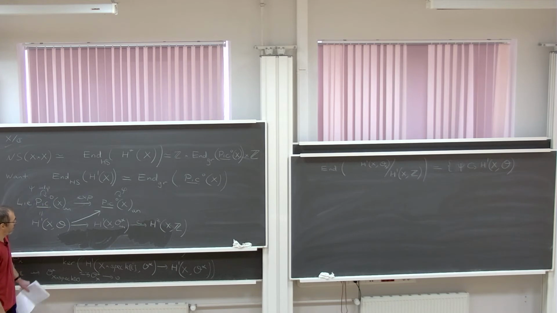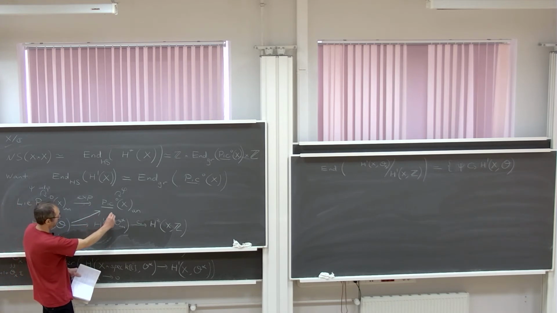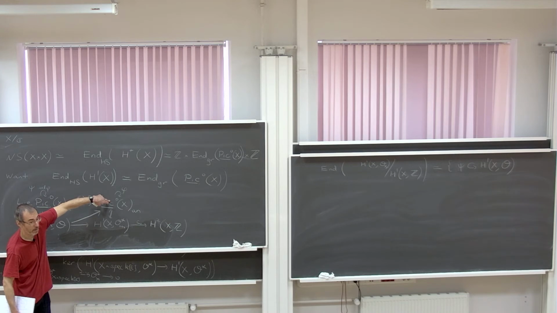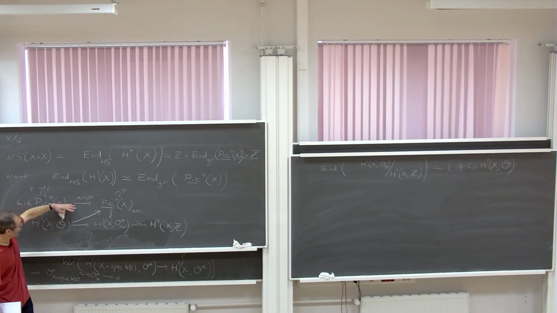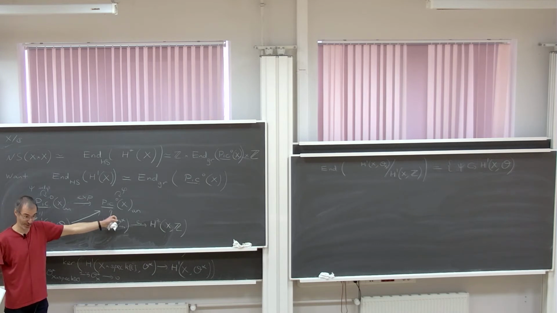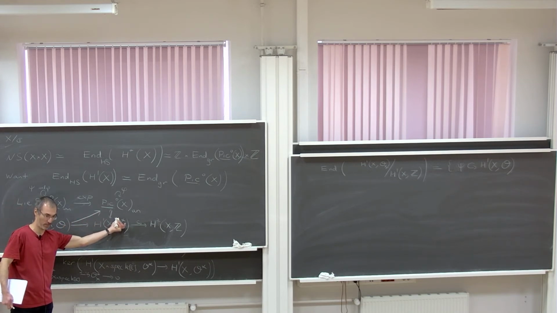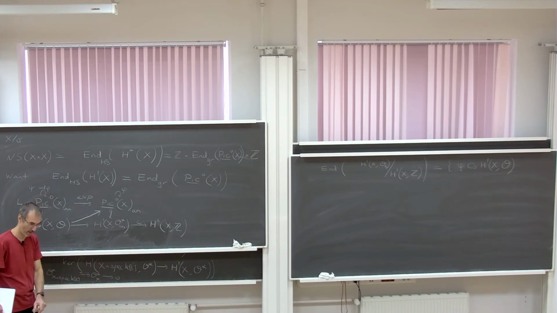And this kernel is precisely Pic zero. So this exponential map is simply induced by this map, which also, not surprisingly, is called exponential, which just takes an analytic function and carries it to its exponential, right?